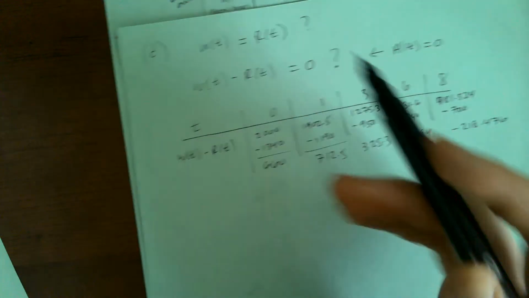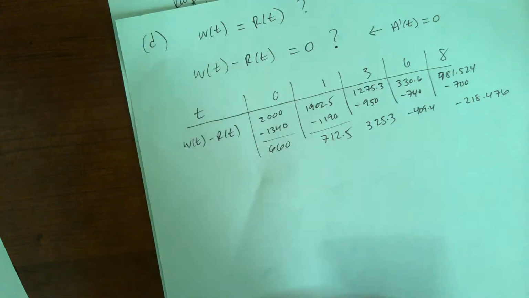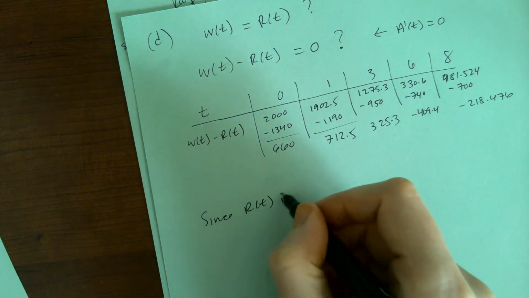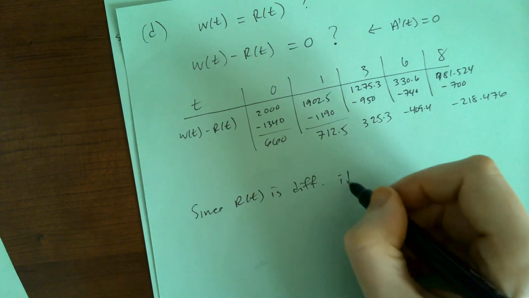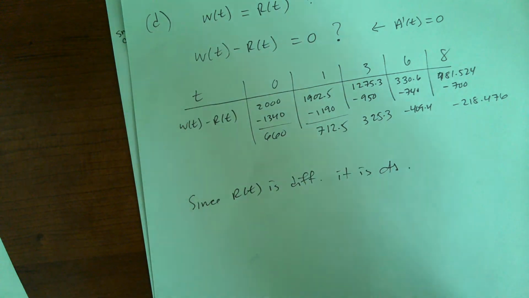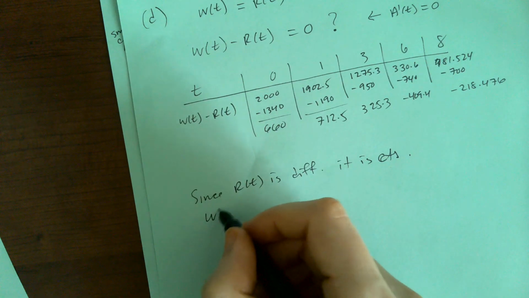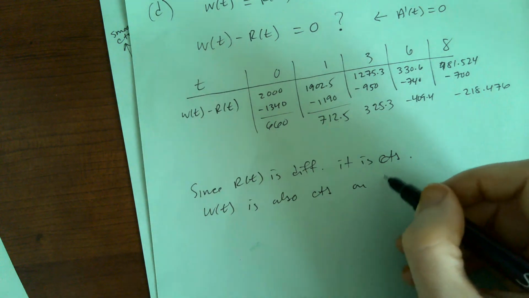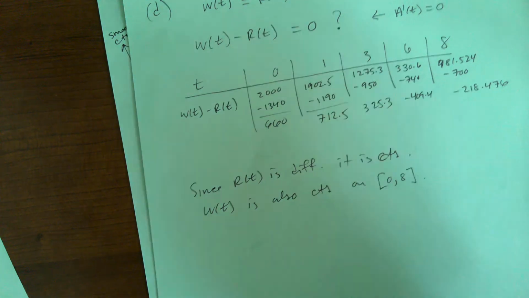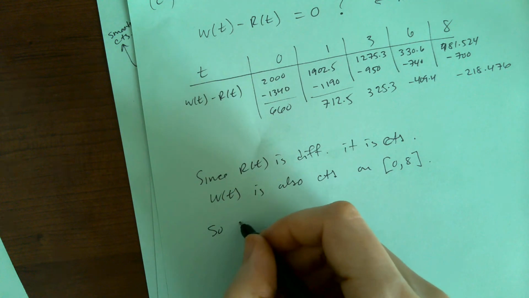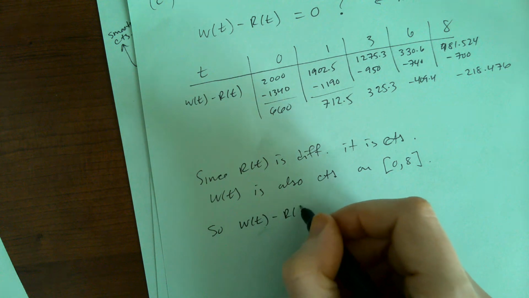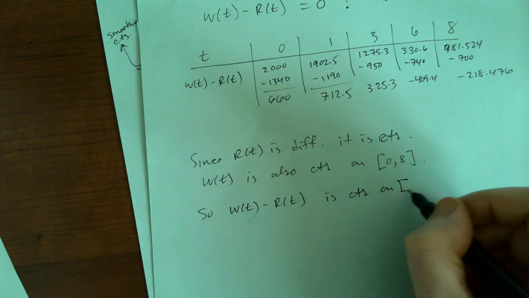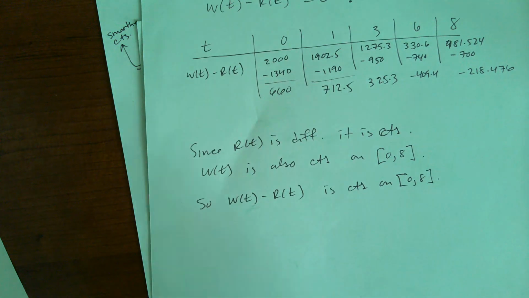All right, so now I can do it. So I'll say this. I'll say since R of t is differentiable, it is continuous. W of t is also continuous on 0 to 8. So W of t minus R of t is continuous on 0 to 8.